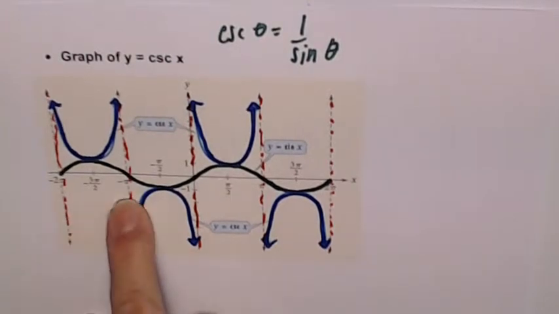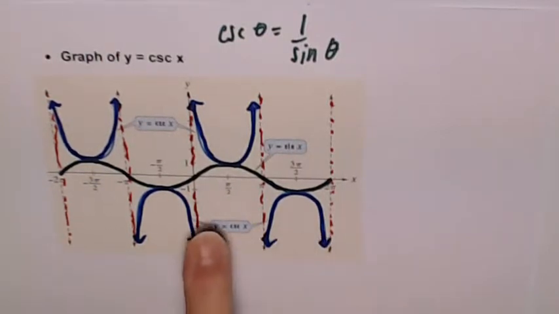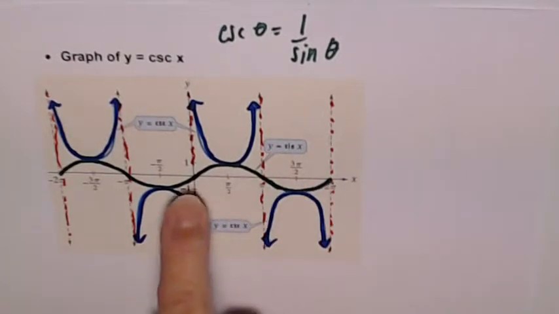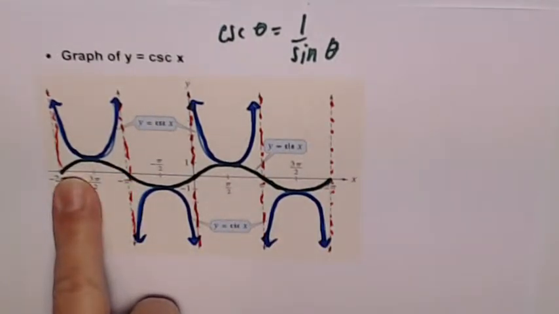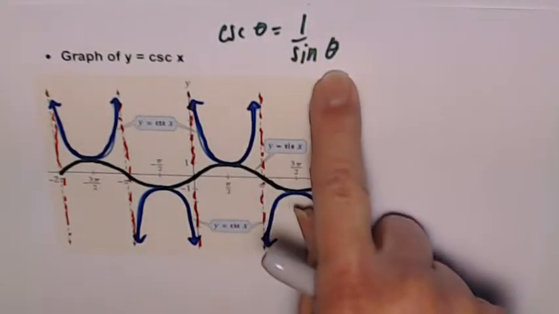But we can see we have vertical asymptotes, and where we have these vertical asymptotes is whenever our sine function is 0, which should make sense because cosecant is 1 over sine.